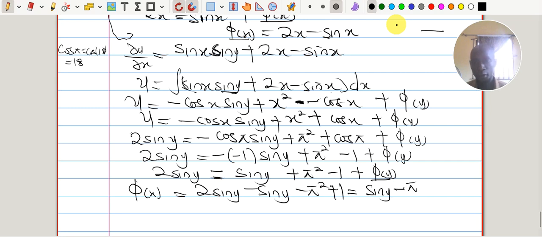Let me call this equation 3. So we now put the value into this phi.